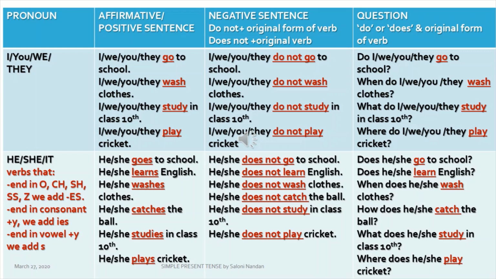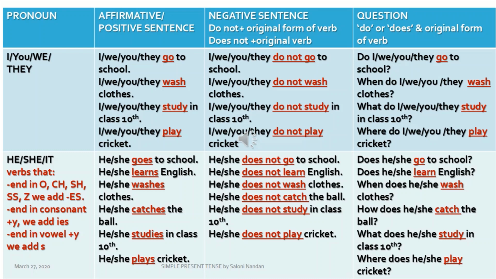The original form of the verb is STUDY, study. But to make it present tense in affirmative or positive sentence, we write STUD. We remove Y and add IES to it to make simple present tense.